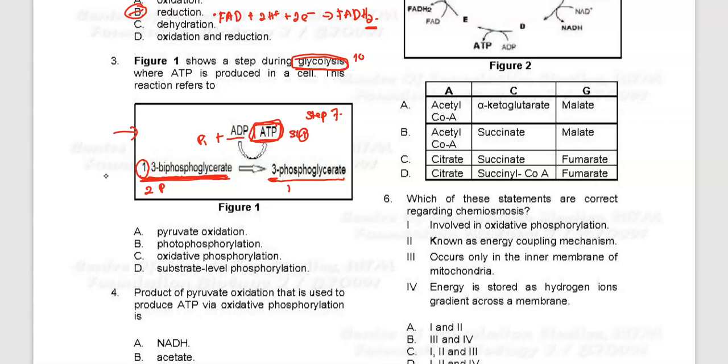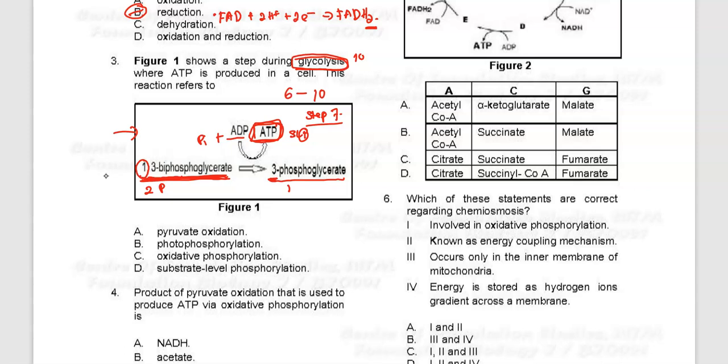So basically, step 7 is the step that occurs in the energy payoff phase of glycolysis, which involves step 6 until step 10.